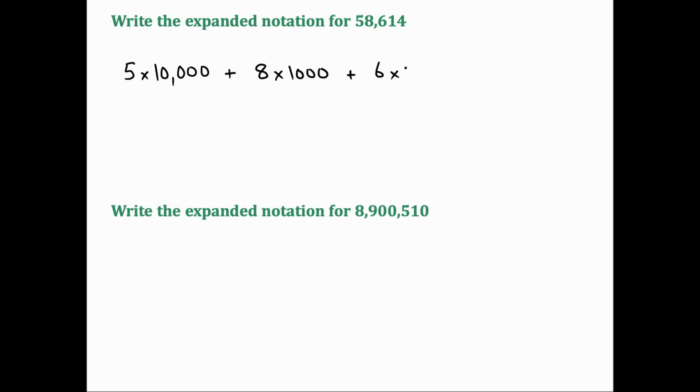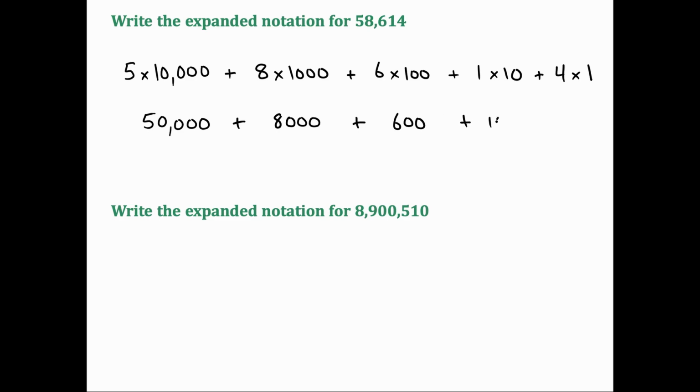We have a 6 in the hundreds place, a 1 in the tens place, and a 4 in the ones place. After we've shown the multiplication of the digits times their place values, we can actually carry out those multiplications and get the expanded form. It's 50,000 plus 8,000 plus 600 plus 10 plus 4.